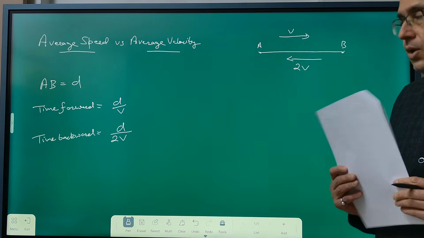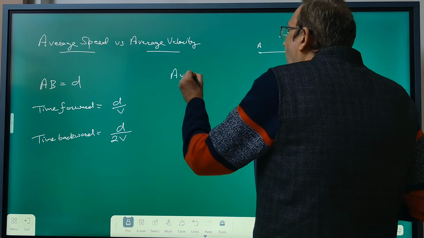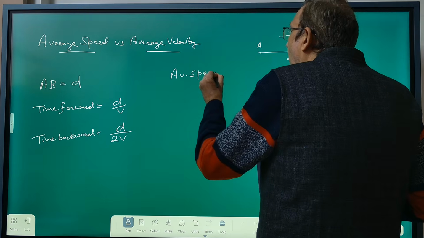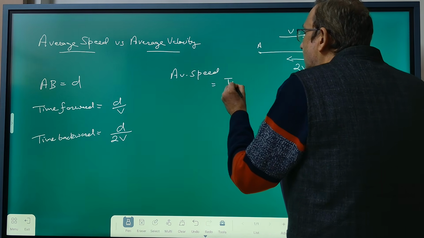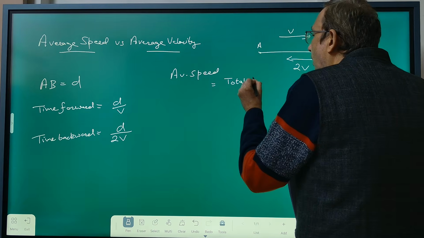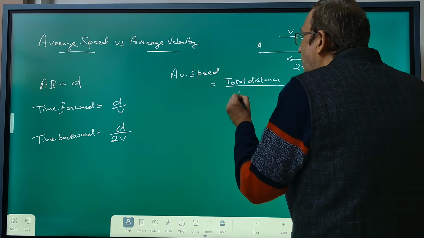Okay, so the average speed, as you know, is given by total distance divided by total time.